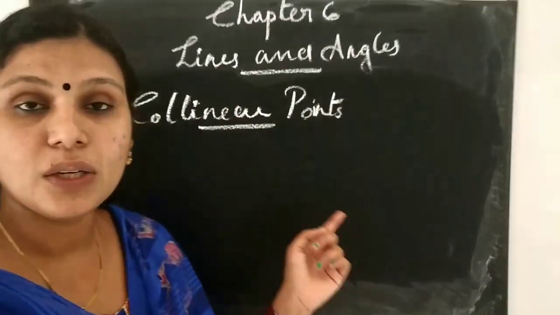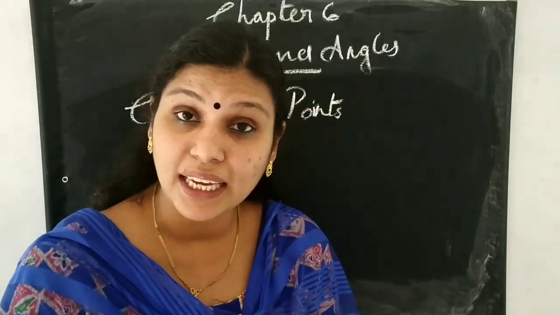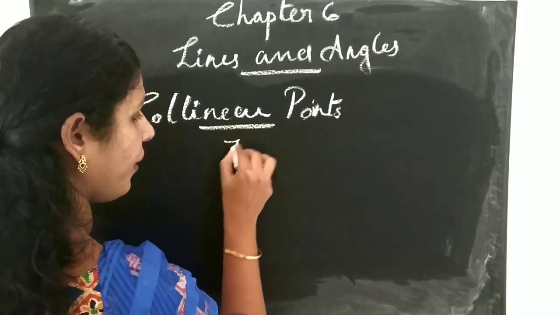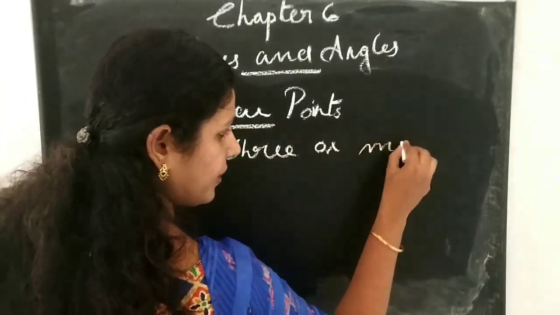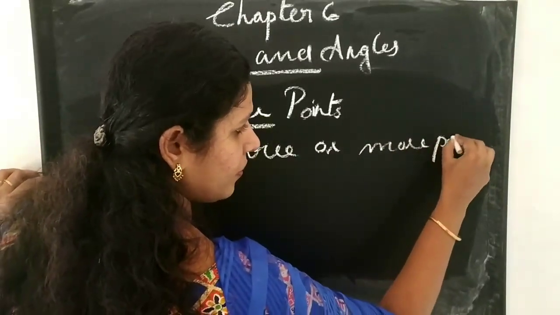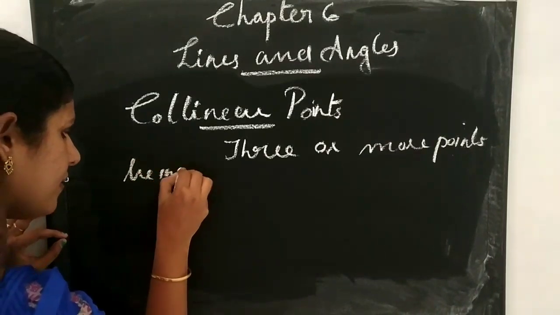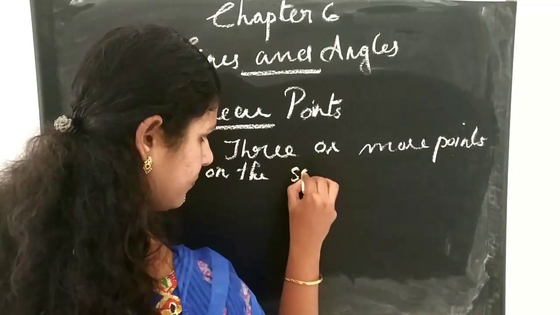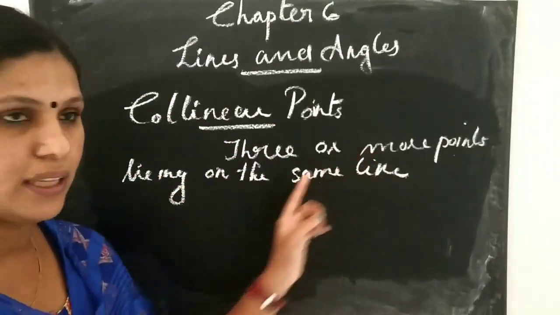Next is collinear points. Collinear points means three or more points lying on the same line.